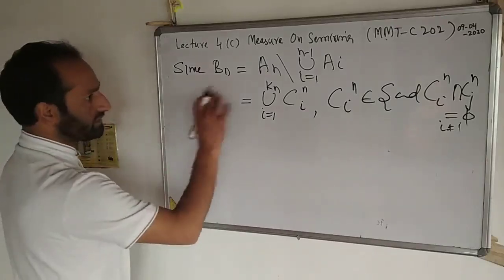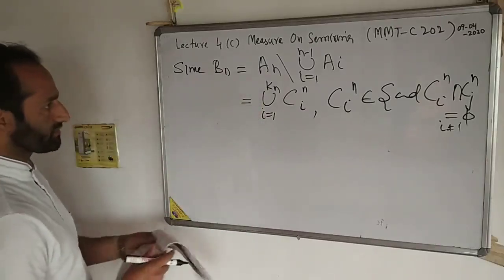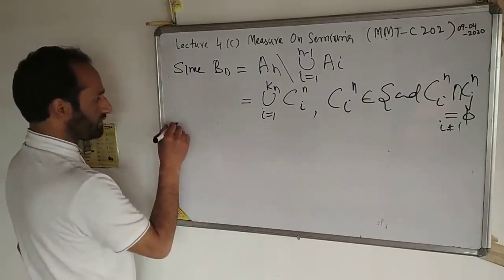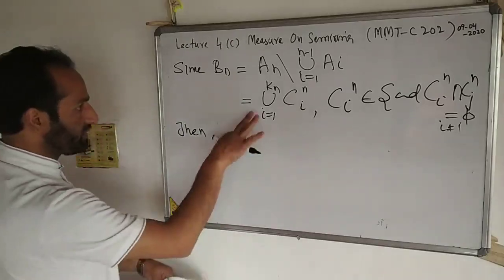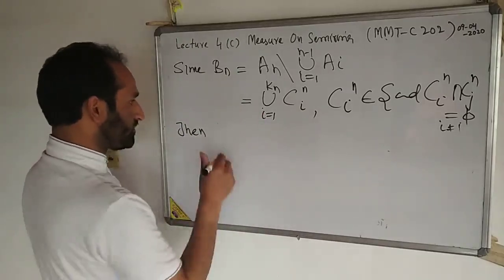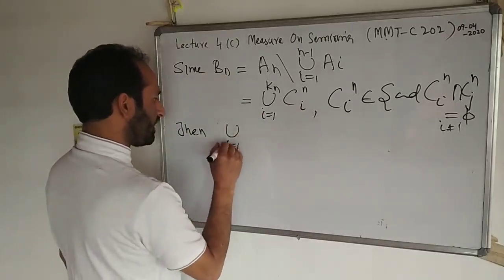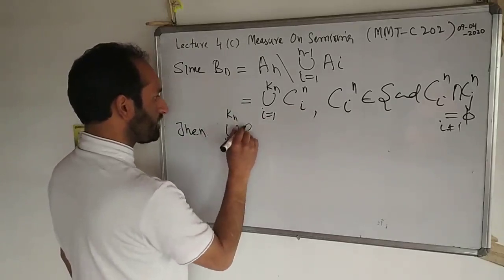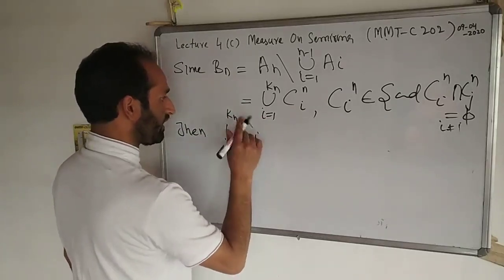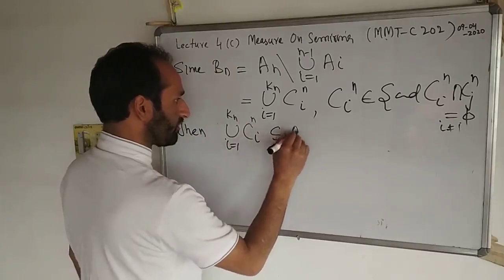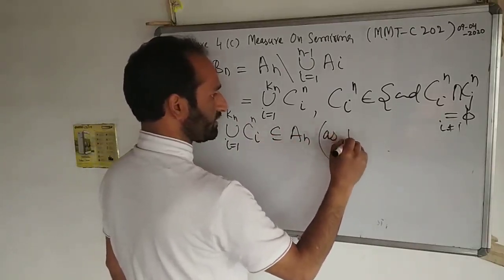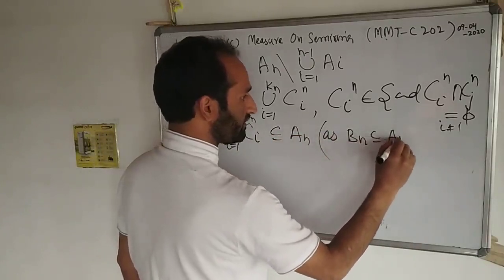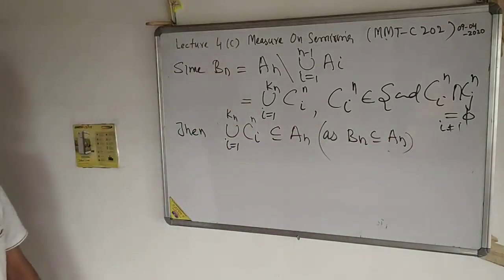Since Bn is a subset of An, and Bn is equal to this union, it means that the union i runs from 1 to Kn of Cin is a subset of An.